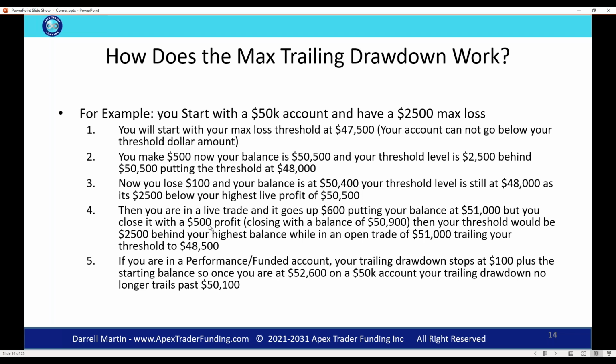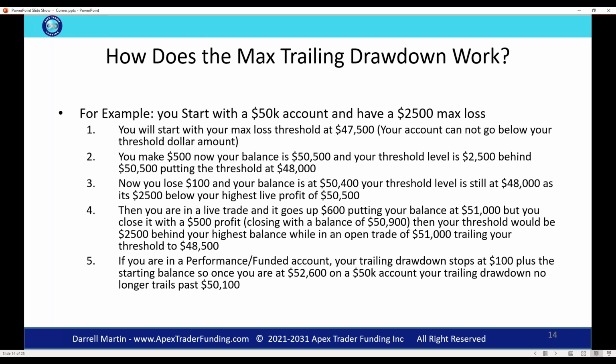Okay? So you made 500 bucks, but your trailing threshold went up how much? 600. Understood? It trails to the highest point of profit in an open trade. Does that make sense?